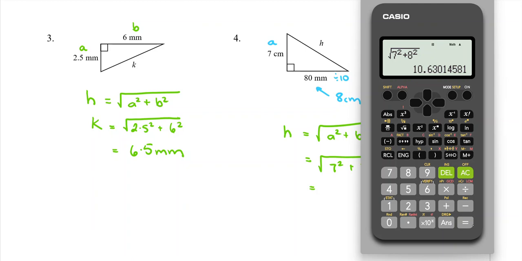Anything below 5 rounds down, anything 5 and up rounds up. So we used to call this, a long time ago, the critical digit because it tells you how to round. Because it is lower, it's just going to chop off the decimal places there and it will just be 10.6. If it was going to round up, then it would become 10.7, but not for this one, okay?